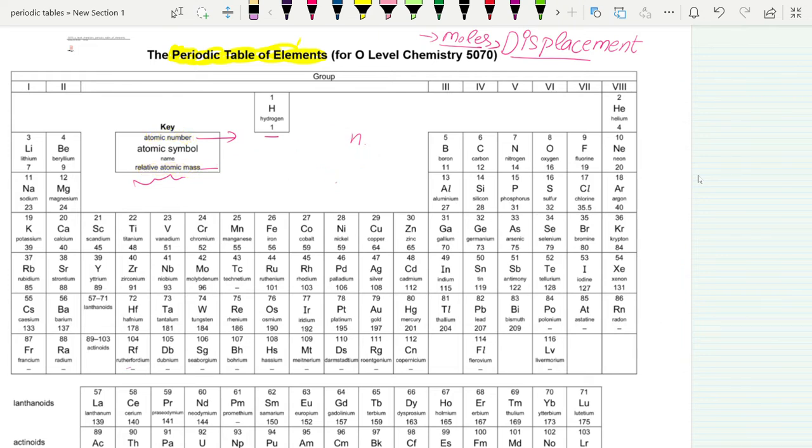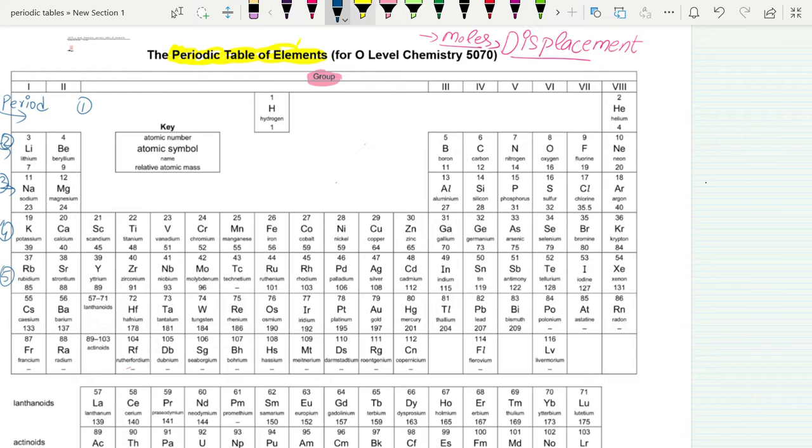Now I'm going to tell you what the group and the period mean. The period is the horizontal component of the periodic table. Let's write period: this is period 1, this is period 2, period 3, 4, 5, and so on.